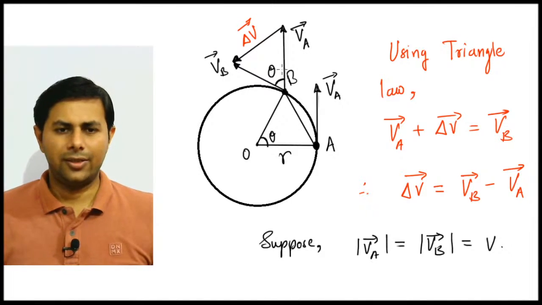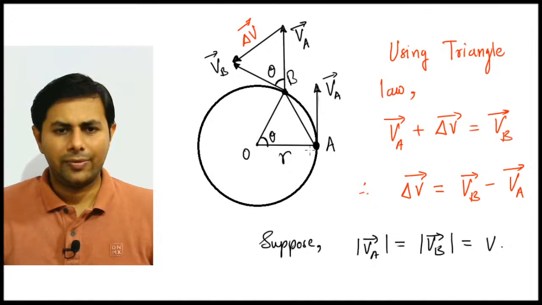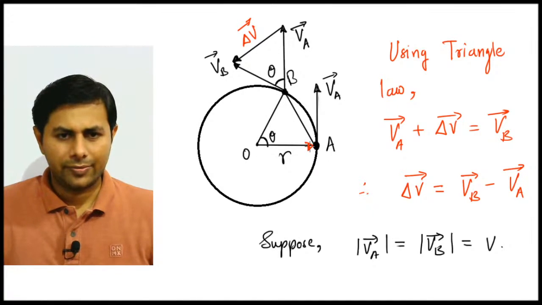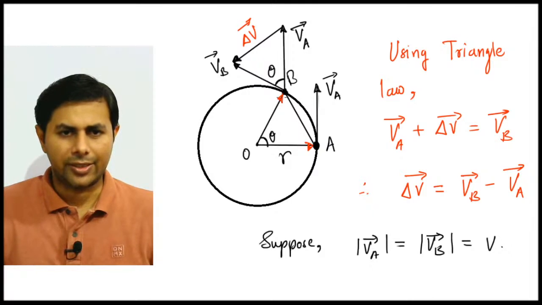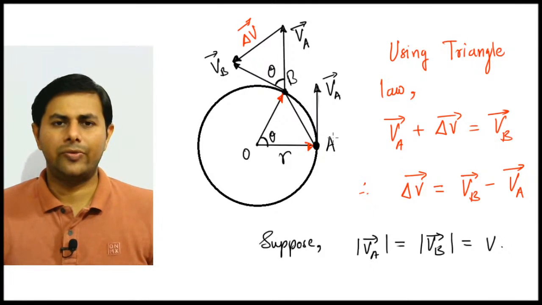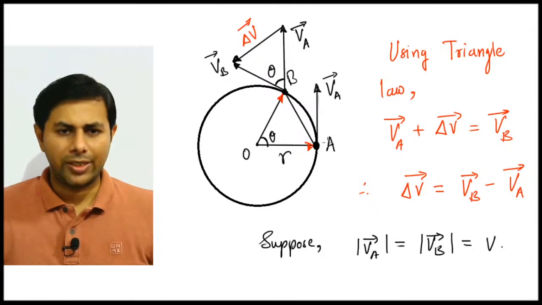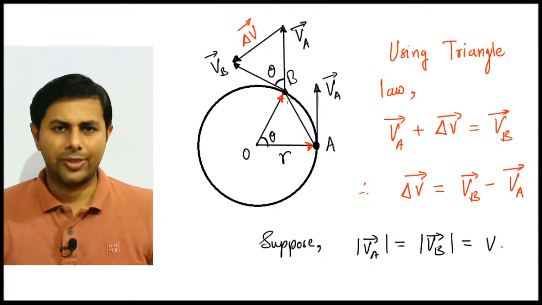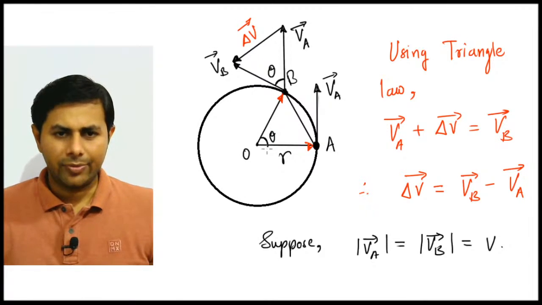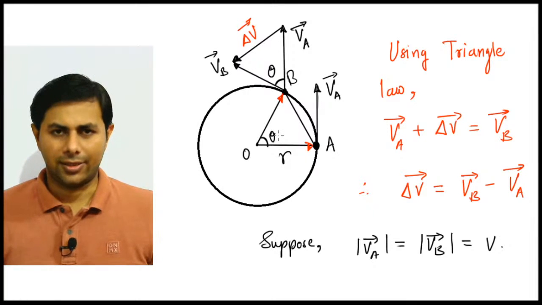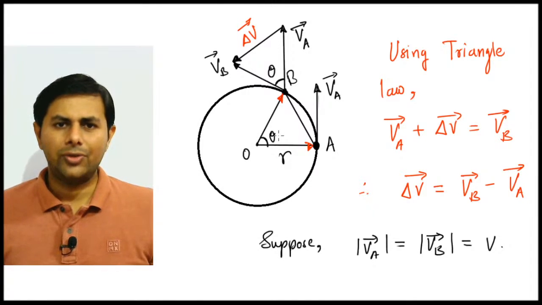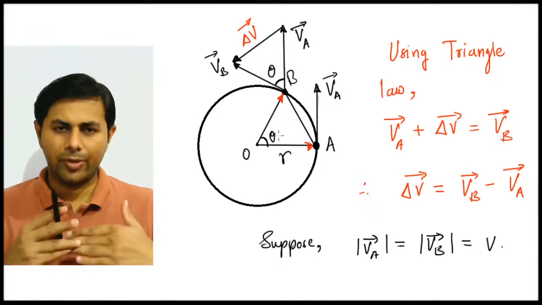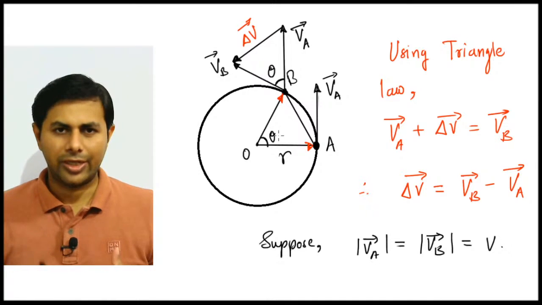And the reason is, in this triangle OAB, the angle between these two radius vectors, so radius vector when the object is at point A, and radius vector when object goes at point B, angle between those two radius vectors is theta.